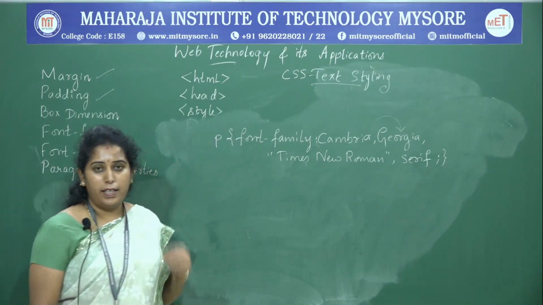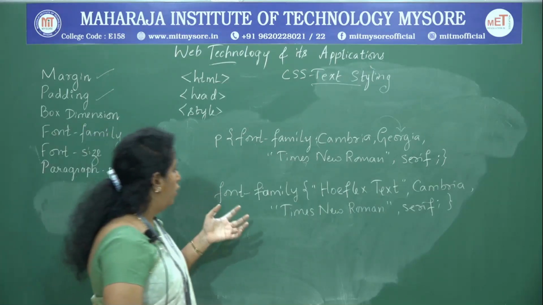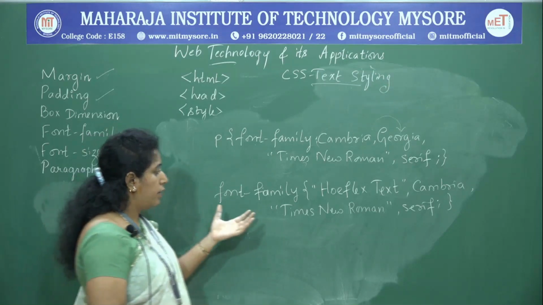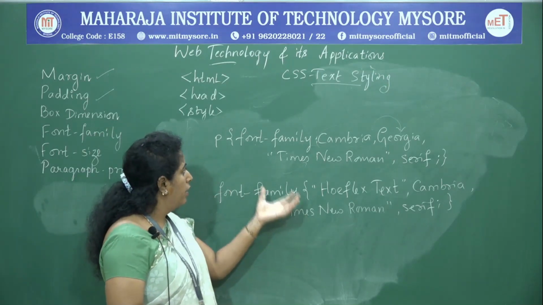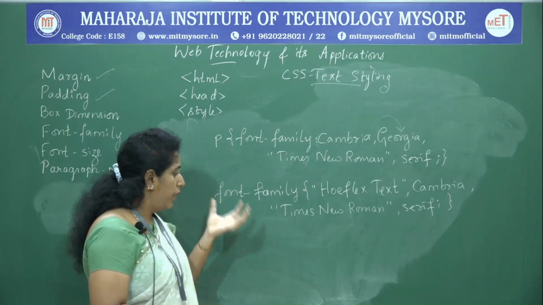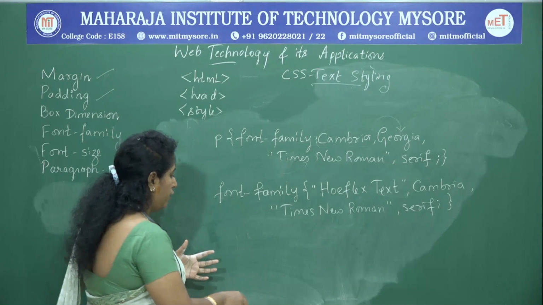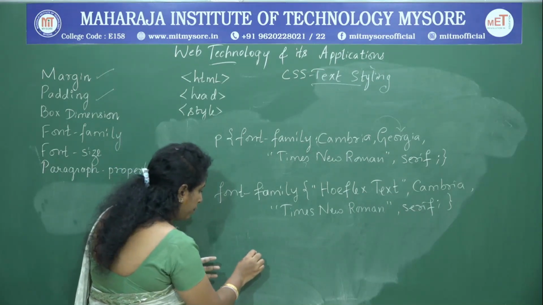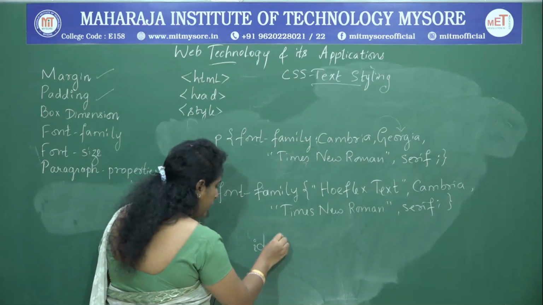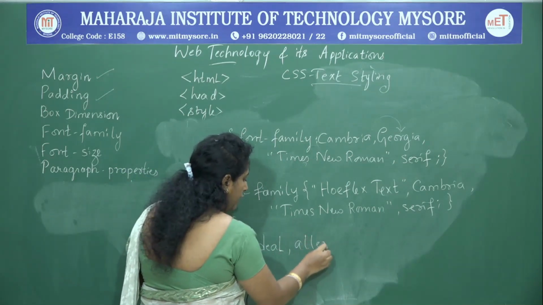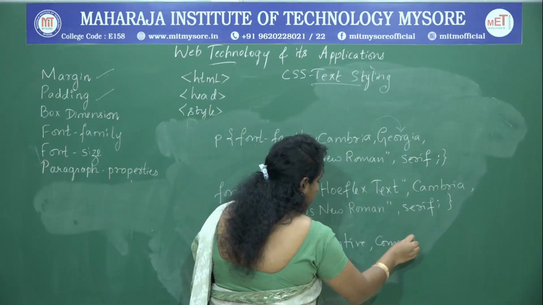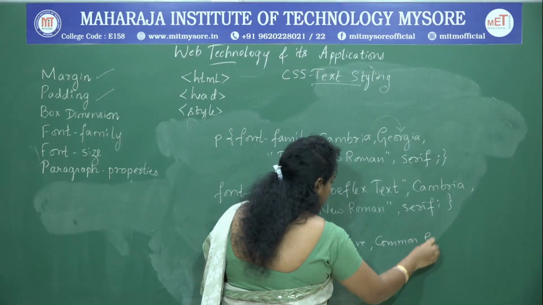Next, there is one more thing. While writing the web font stack they make a distinction. They take four types of classification: one is ideal, second is alternative, third is common, and the fourth is generic.